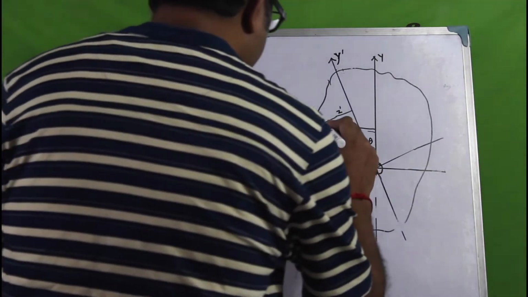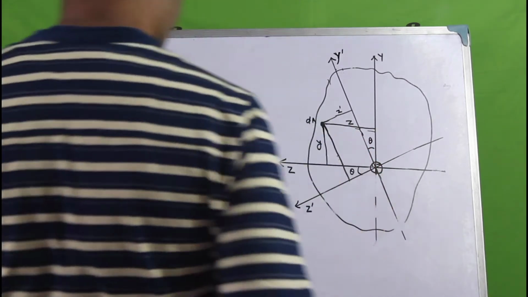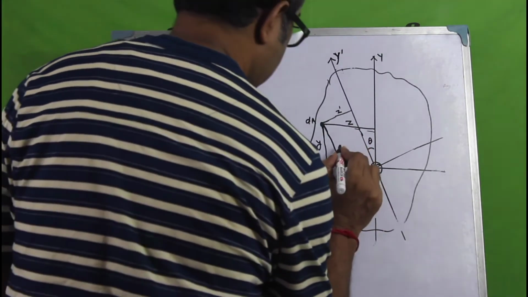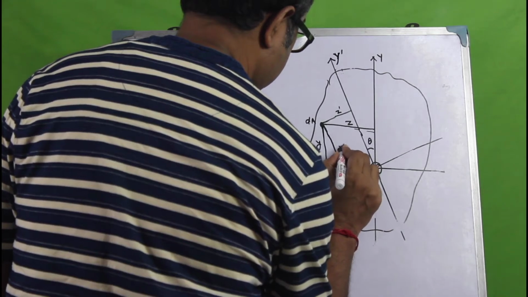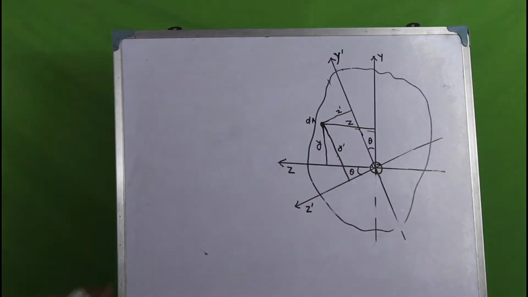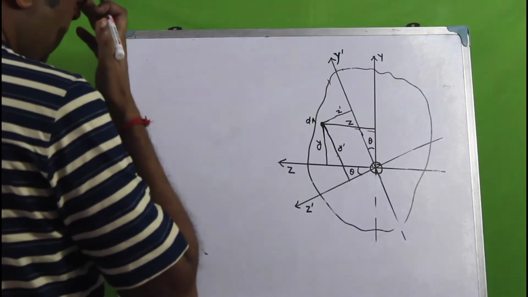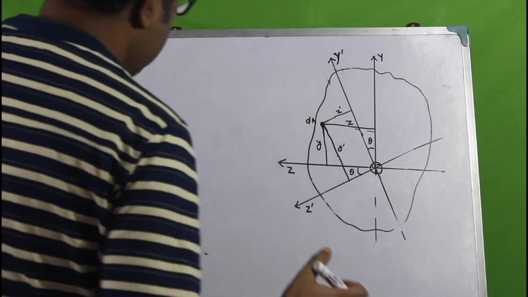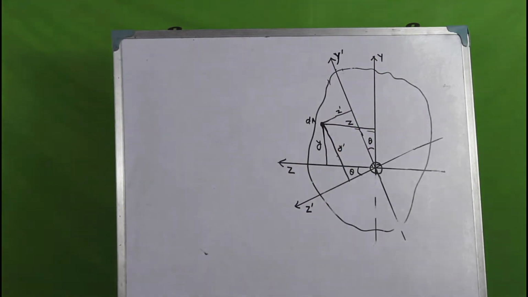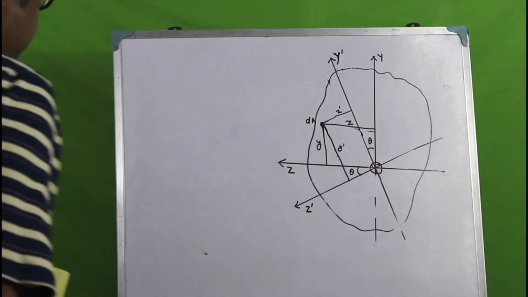What we try to do is express this y dash and z dash, the distances from the new axis system, in terms of the distances of the old axis system.